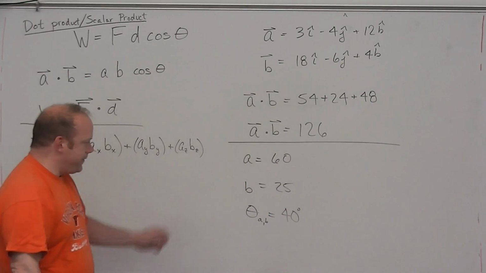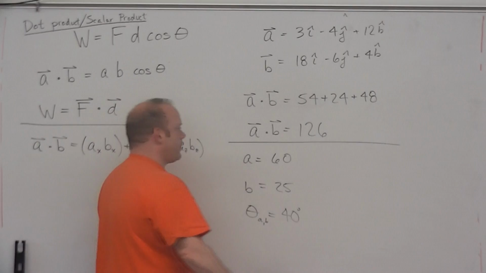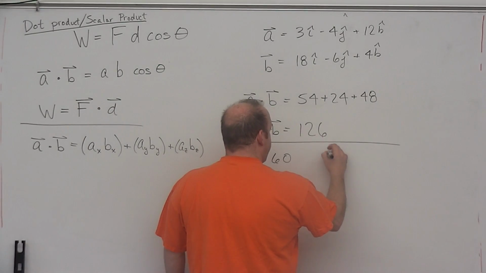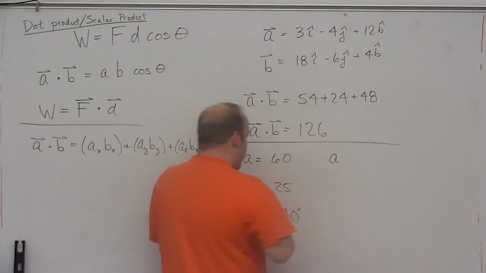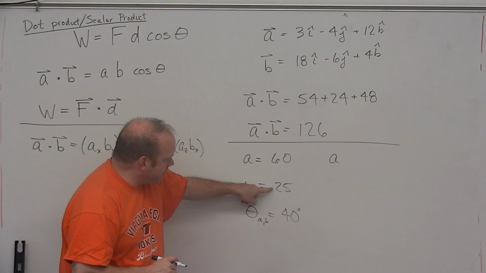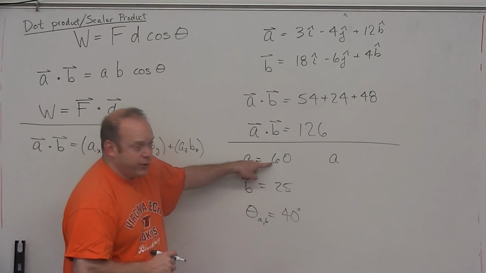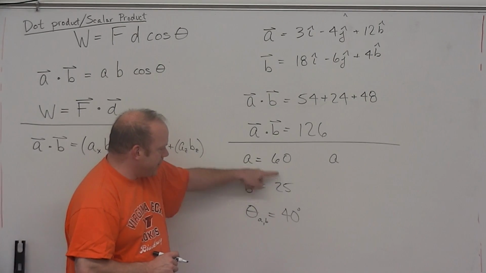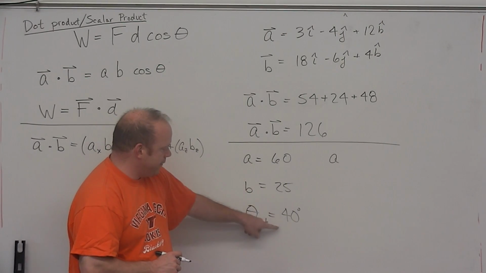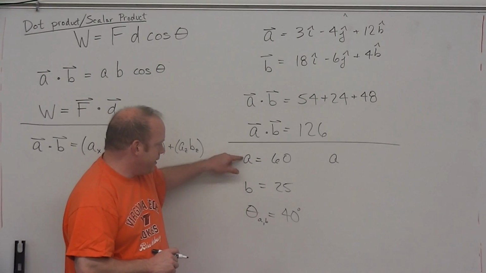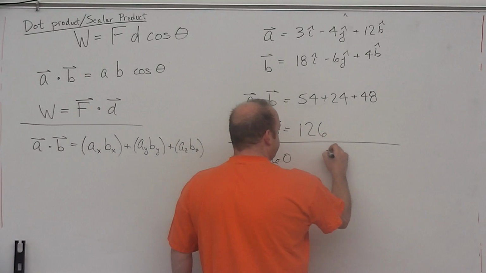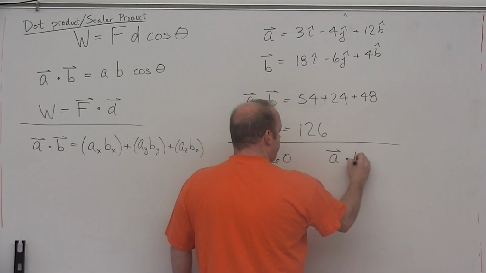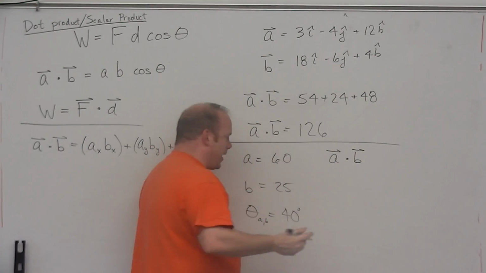And we want to figure out what A dot B is. I didn't give you their absolute direction, but I just gave you the angle between them. But they do have direction.